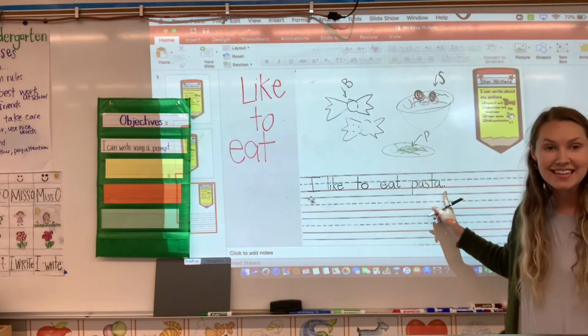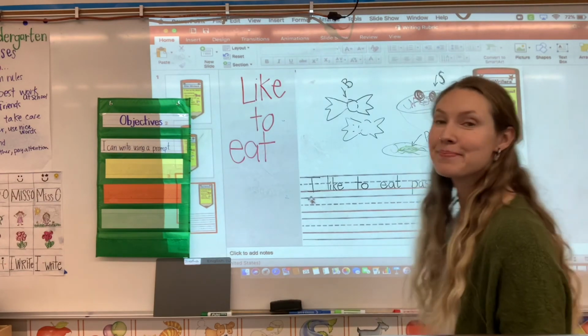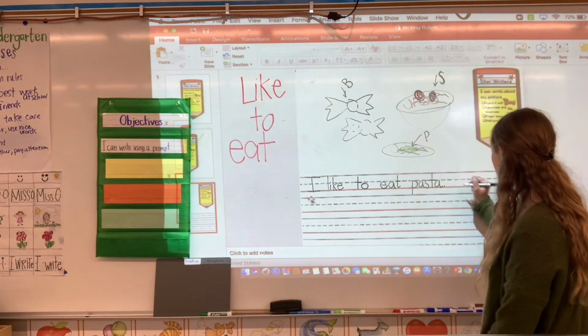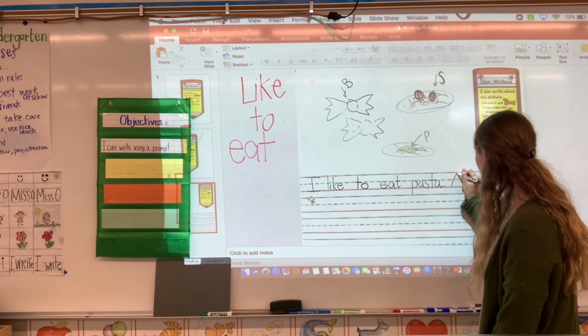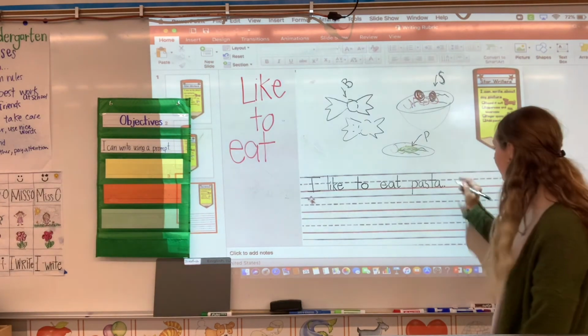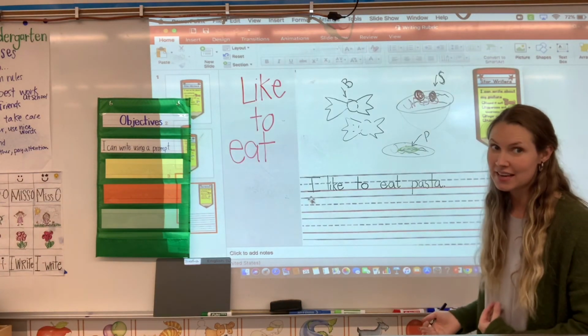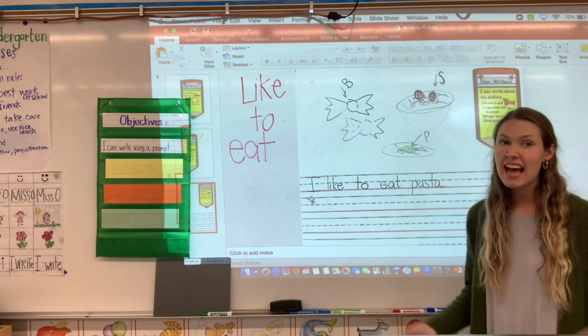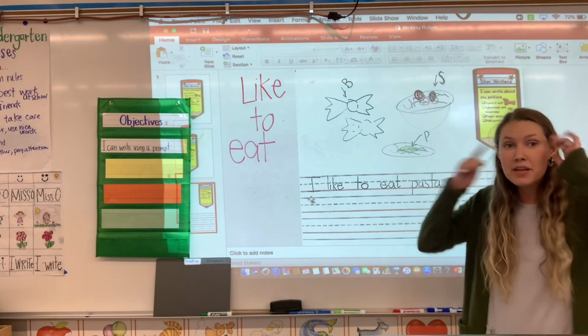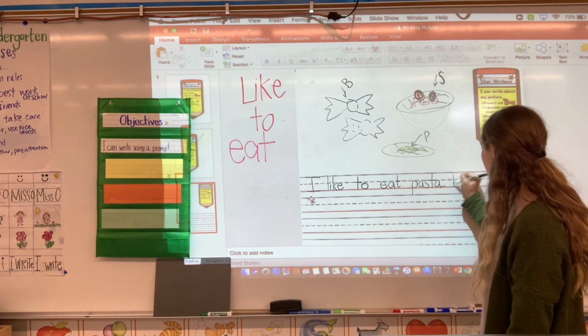There's my first sentence. Now maybe I want to add a little bit more detail today. So I'm going to say there are many types of pasta. That's a big long sentence that has a lot of different words, but I'm going to do my best thinking about how I could sound them out.